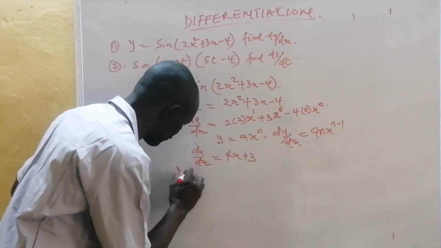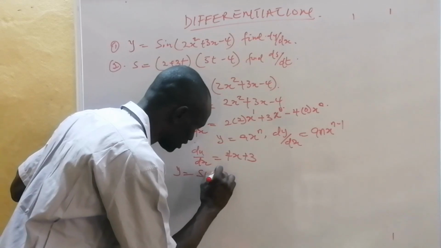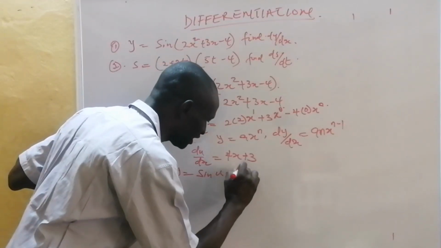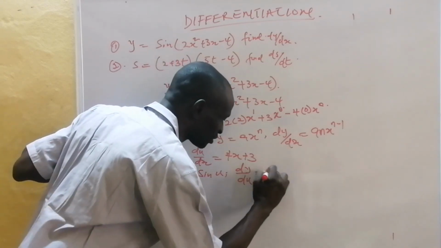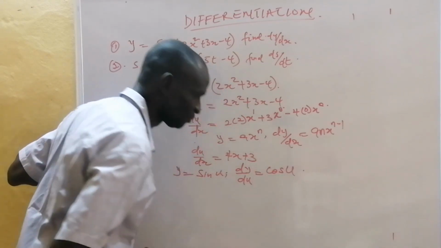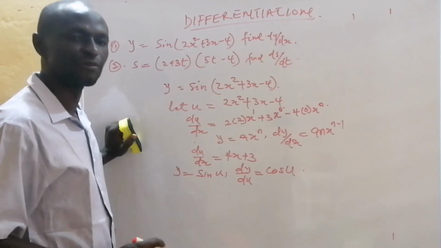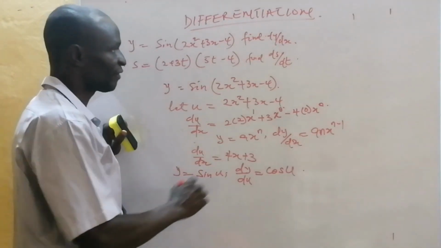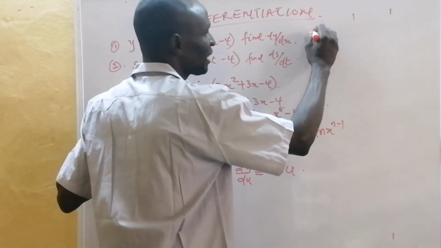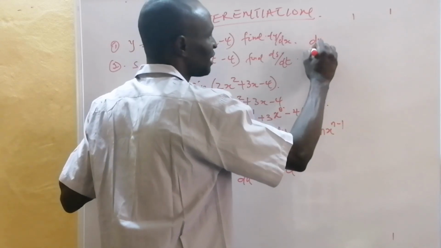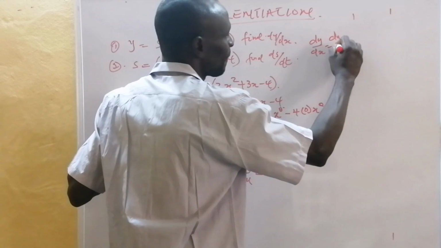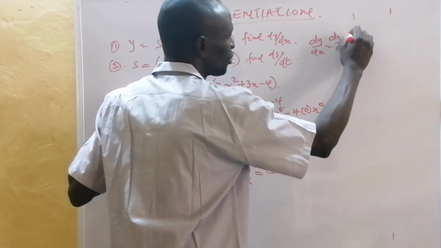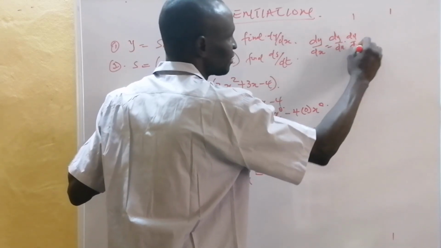So my y obviously is equal to sine u. If I differentiate y with respect to u, I'll be differentiating sine u, and it becomes cos u. Remember that from function of a function, the moment I substitute for u, my dy/dx will become dy/du times du/dx.